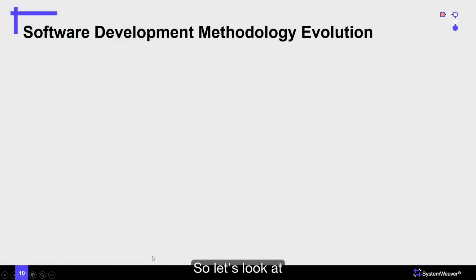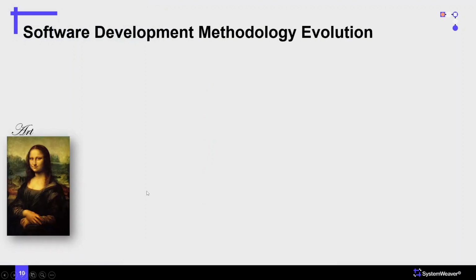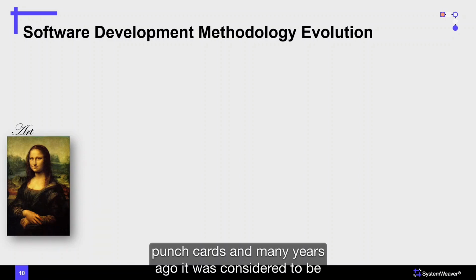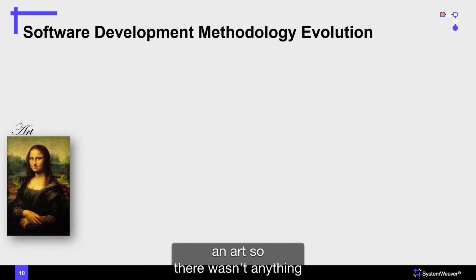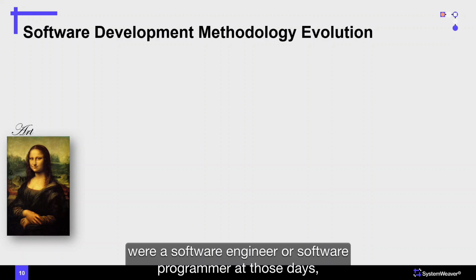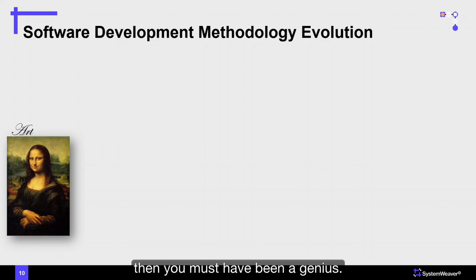So let's look at software development methodologies along the years. When we started developing with punch cards, many years ago, it was considered to be an art. There wasn't anything concrete, any process. If you were a software programmer in those days, you must have been a genius.